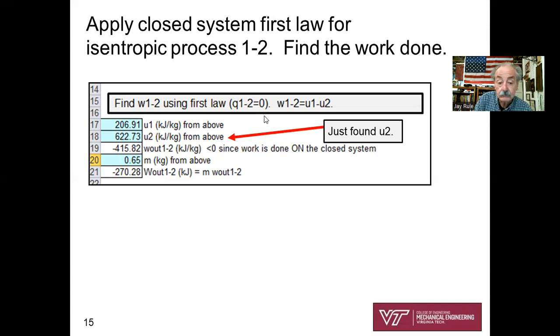First law. Okay, Q is 0 for 1 to 2. And then for the work, we'll multiply the little work out by M to get capital W out in kilojoules, negative 270.28. For this analysis, I'm getting both, but it's going to pay off moving ahead. You're going to need W out in kilojoules, so that's why we're multiplying by mass.